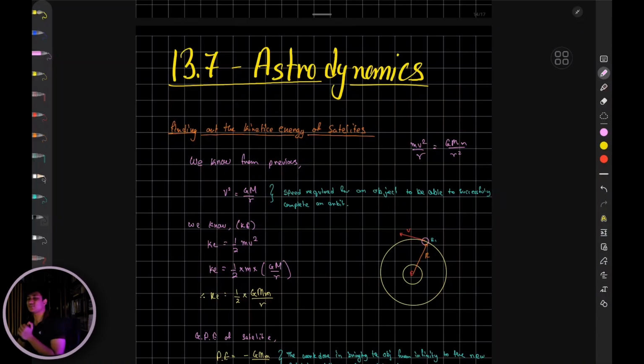There's an interesting question: how can you escape the gravitational field of any planet or star? The easy answer is to give it enough kinetic energy.